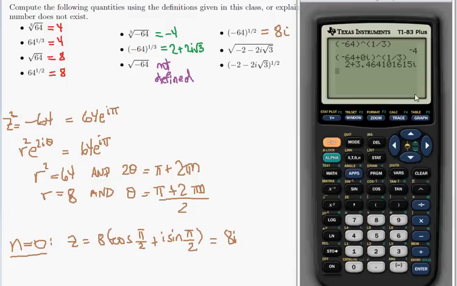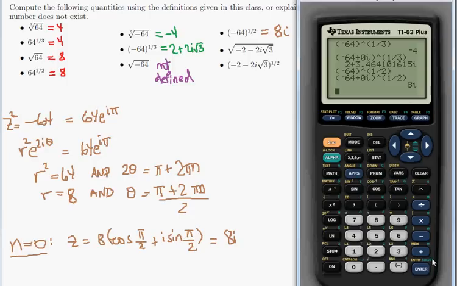Now let's see if that happens on the calculator also. So negative 64 to the 1/2, ordinary definition of square root, is undefined. But if I take negative 64 plus 0i to the 1/2, that returns 8i.